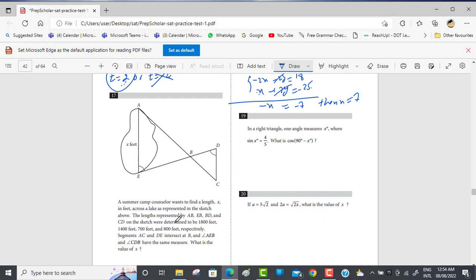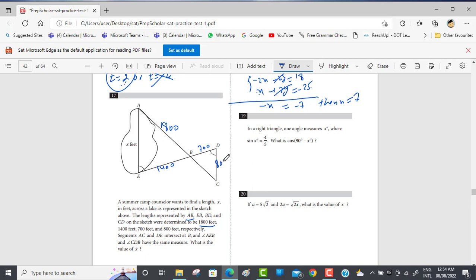In exercise number 17, a summer camp counselor wants to find a length x in feet across the lake, as represented in the sketch above. The lengths represented by AB, EB, BD, and CD on the sketch were determined to be: AB is 1,800 feet, EB is 1,400, BD is 700, and CD is 800.